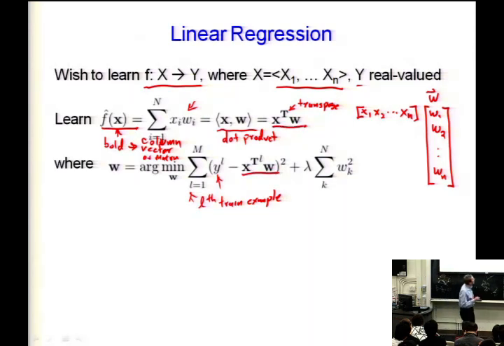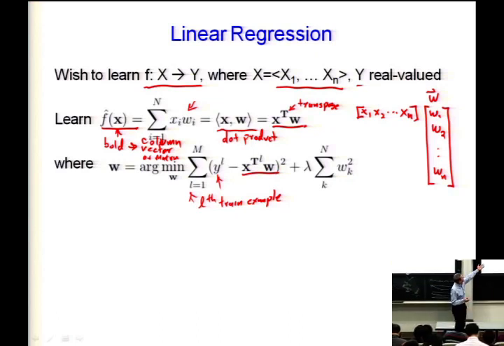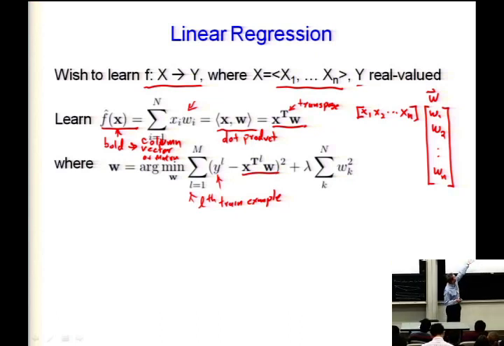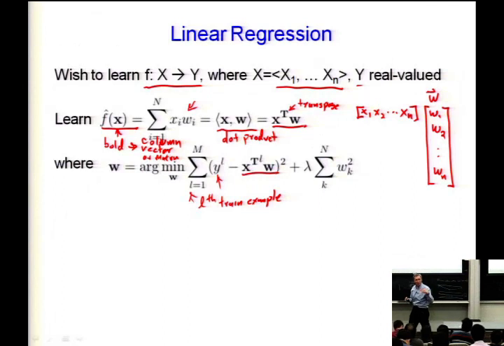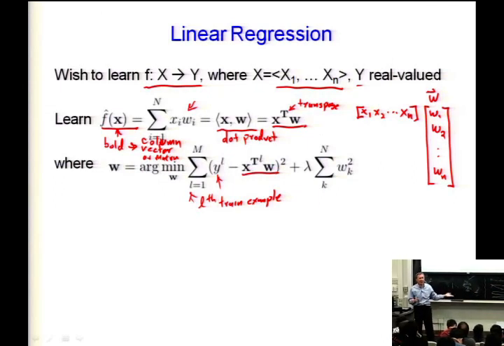So stating the problem, I'm just trying to minimize the sum of squared errors between my prediction for the ith observed training example, which is x transpose times the weight vector, and the observed y for the ith training example, squared, plus my usual regression penalty term of penalizing the square of the magnitudes of the weights, which corresponds, as you remember, to a MAP estimate assuming a Gaussian zero mean prior on those weights.